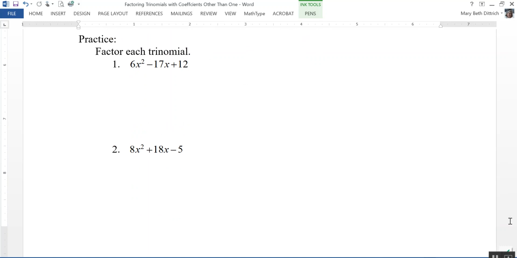So let's take a look at these. So I have 6x squared minus 17x plus 12. So I'm going to look for two numbers whose product is 6 times 12, which is 72, and whose sum is a negative 17. Well, the first numbers that come to mind when I think of 72 are 8 and 9, which also work well for 17, but not a negative 17.